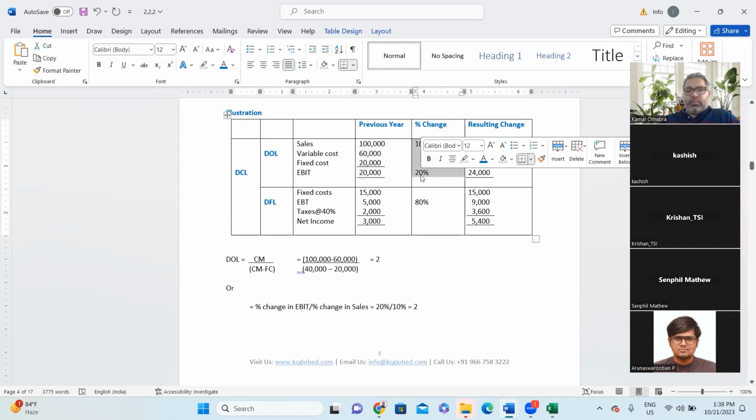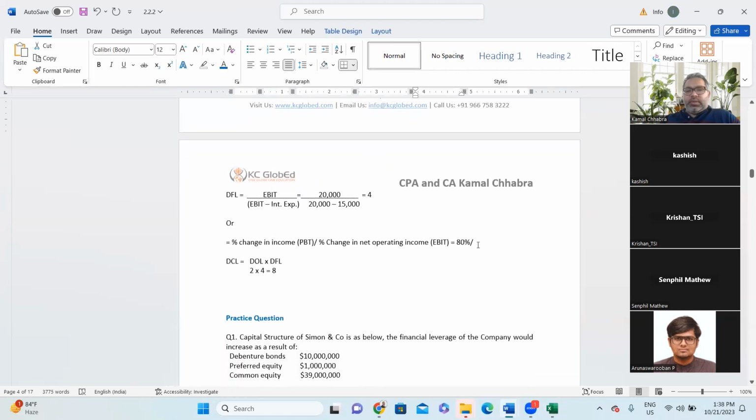So how sensitive is it? 4 times. So both the formula, it again depends on the question, right? What all information is provided to you in the question. Accordingly, you can apply the respective formula. Make sense?